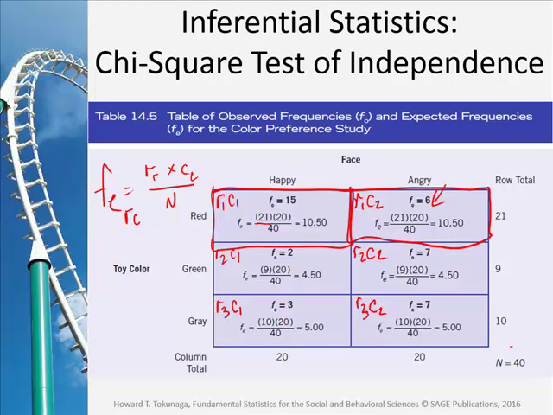The expected frequency is reflecting that. We all cool with how you get the expected for each cell? Row total times column total divided by total total. Okay.